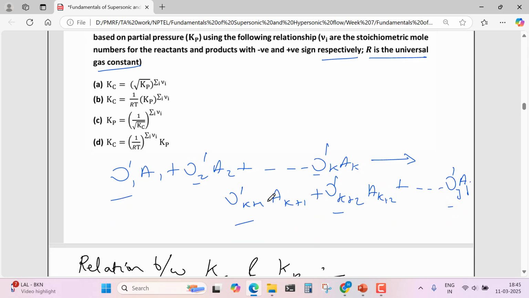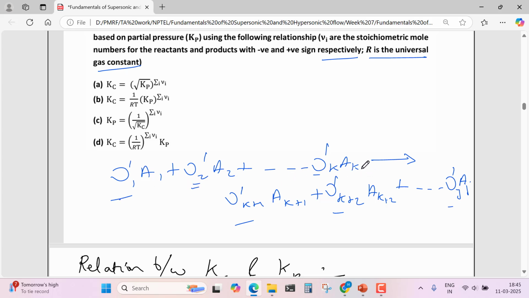Now we will take everything to the right hand side. If we take everything on the right hand side, then the reactant terms will get a negative value.